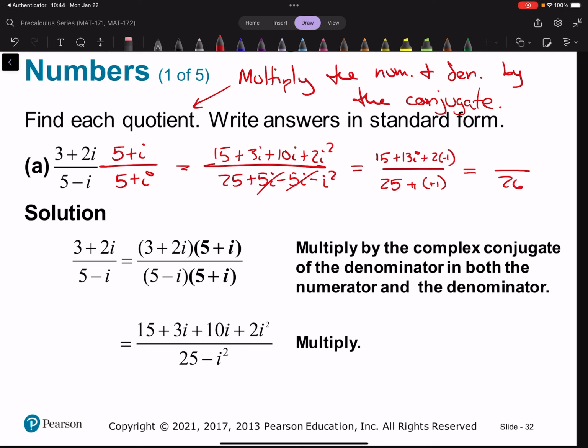So 2 times negative 1 is negative 2, plus 15 is 13. 13 plus 13i. Now, you can't leave it with the numerators arranged over one denominator like this. What would probably help you is if you wrote each of them over their own denominator.